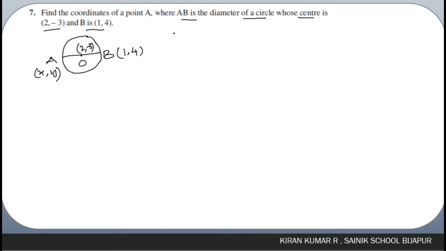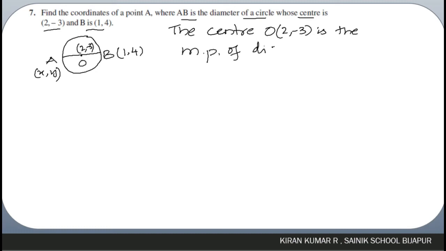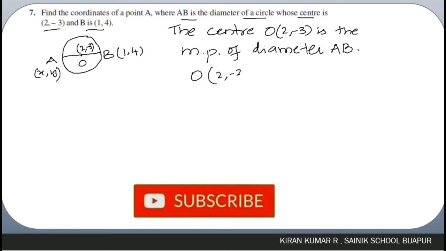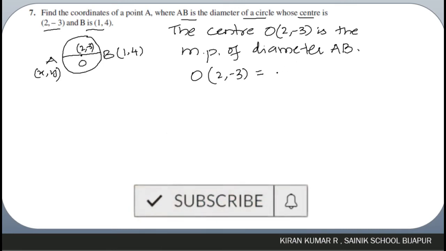We all know that the center O (2, -3) is the midpoint of diameter AB. Therefore, the center (2, -3) can be equated to the midpoint.